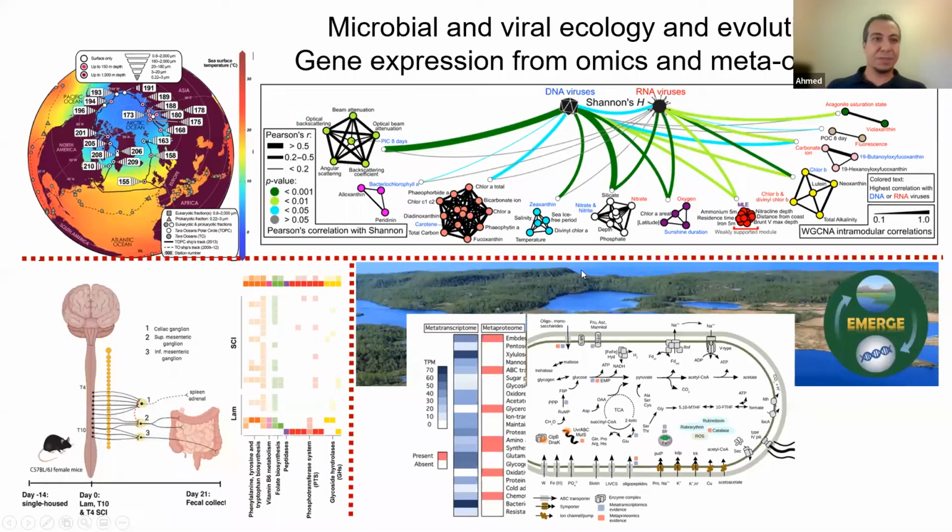I have been studying microbial ecology and evolution since I came to OSU, and I've also been studying gene expression from omics and meta-omic data sets. For example, what I'm showing you here on top are some of the figures from our most recent paper in Science, where we looked at RNA viruses across the global ocean.